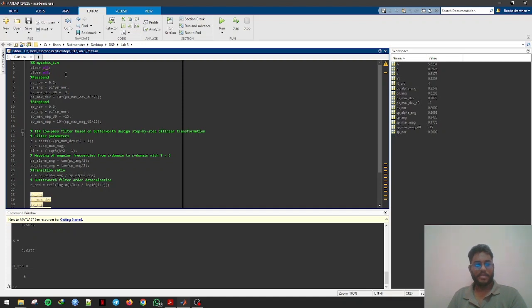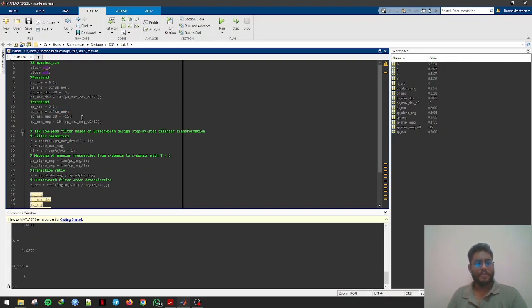The pass band and stop band frequencies are specified in normalized form as PS nor and SP nor respectively. These normalized frequencies are then converted to radians by multiplying them with pi: pi PS nor and pi SP nor respectively.